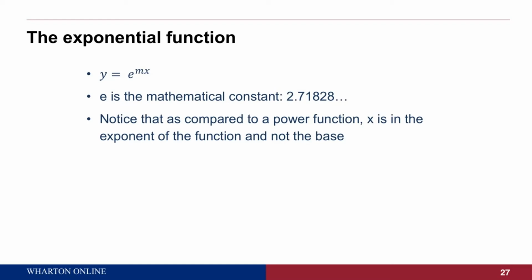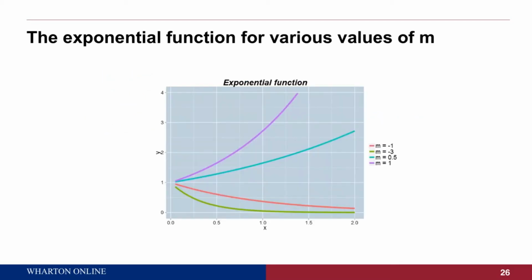And what's going to happen is that as you have different values for m, you're going to get different relationships. And on this slide of the exponential function, I've put in some different values for m. The pink curve is m equal to -1. That's an exponential decay. If we take m to -3, then we decay more rapidly.